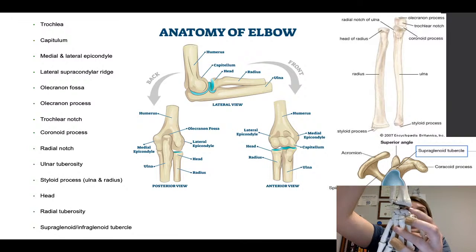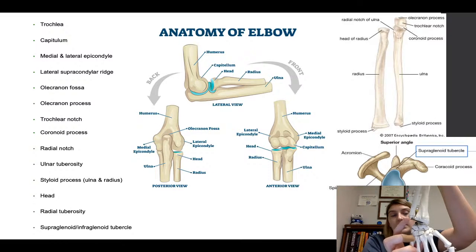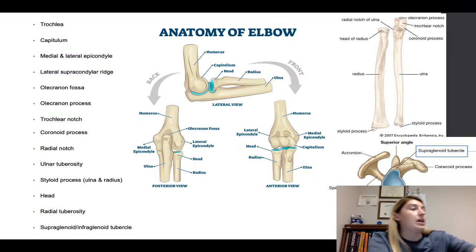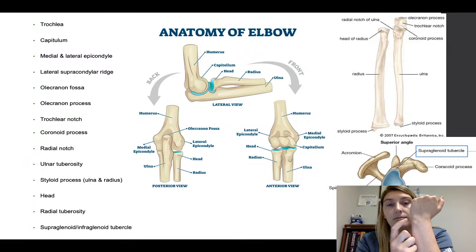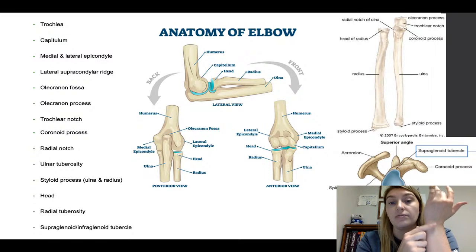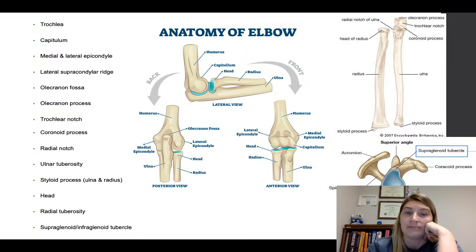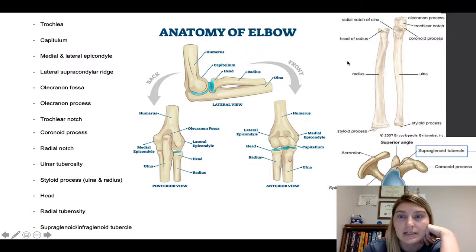And you can feel that on yourself, that bump, that's one of your styloid processes. So we know the head of the radius, it's kind of that top nail portion.